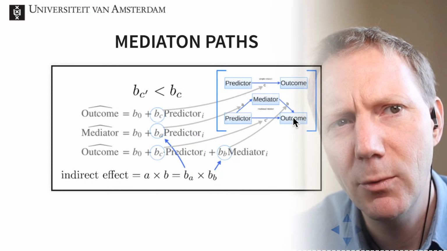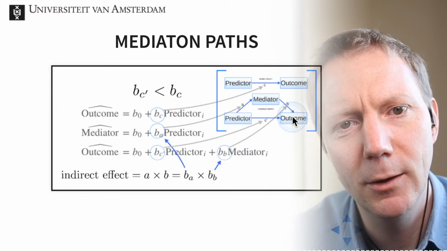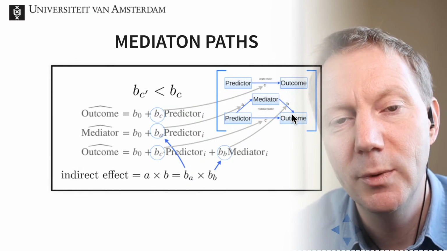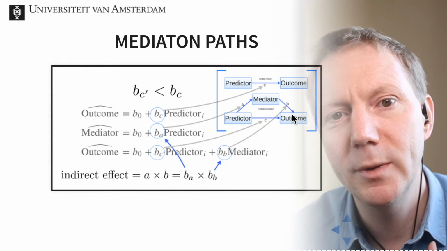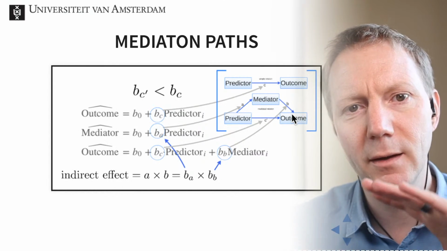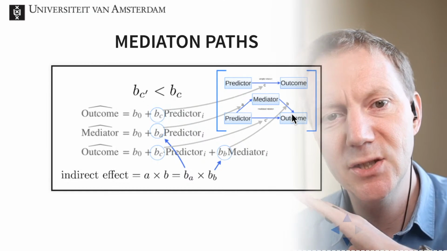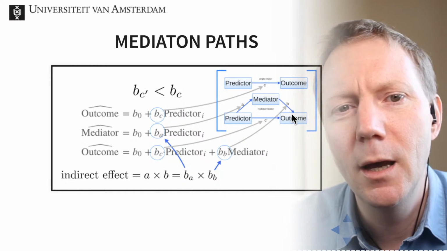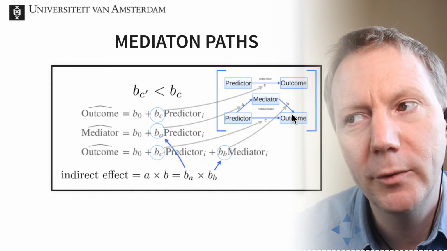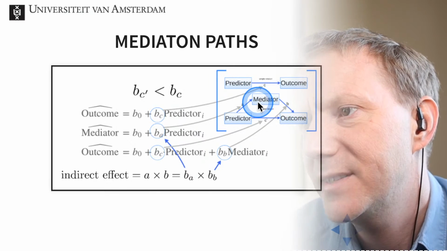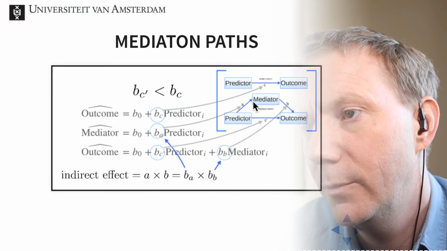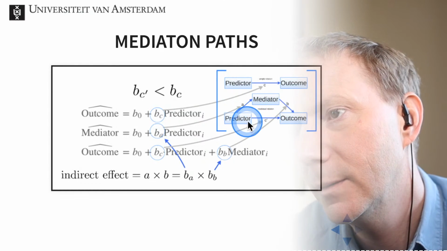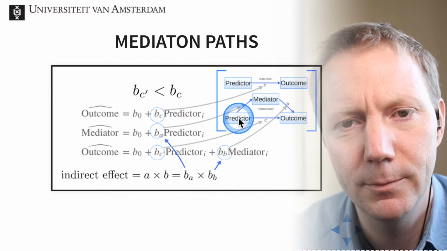And so what we did last week is we ran the multiple regression, which tries to fit a regression model that makes sure that one of the predictors is constant while looking at the other. With the multiple regression, you actually look at the relation of the mediator with the outcome while putting the predictor at 0.